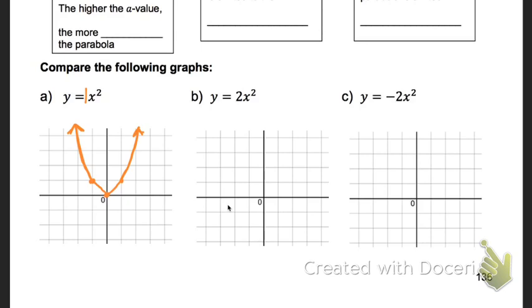So with B, it's going to be more narrow. It's still going to be facing upward. But I start at 0, 0, up 2 over 1. What do y'all think would happen with C? It's going to go down and be narrow.